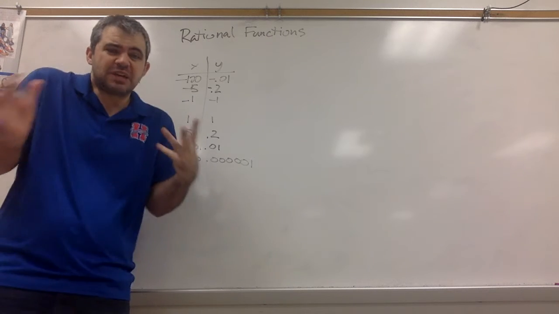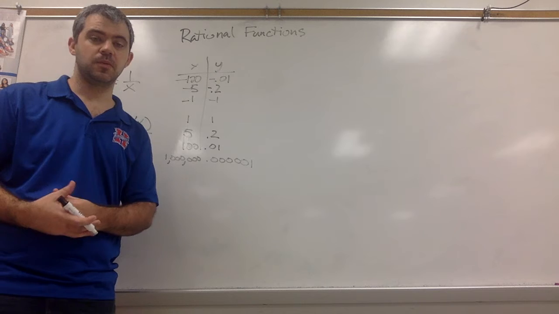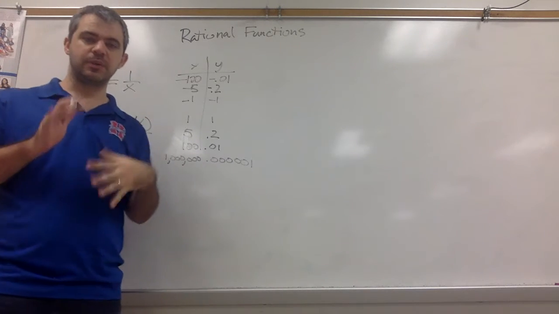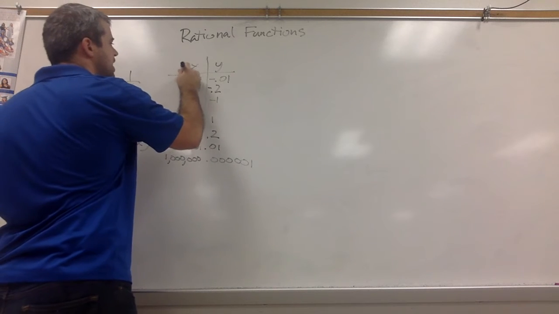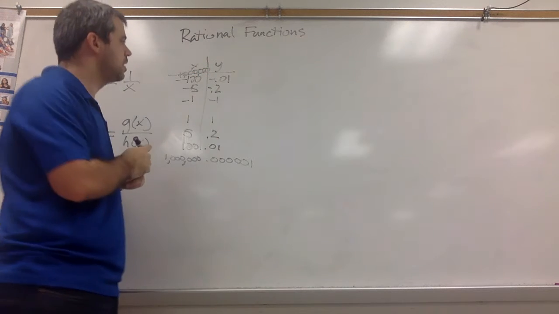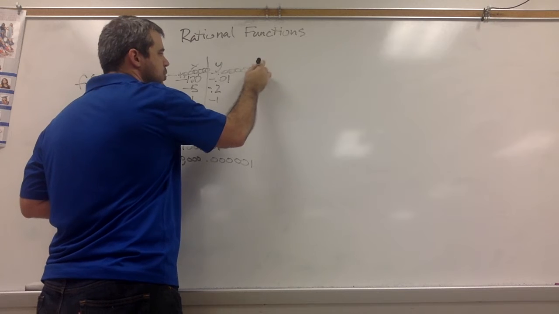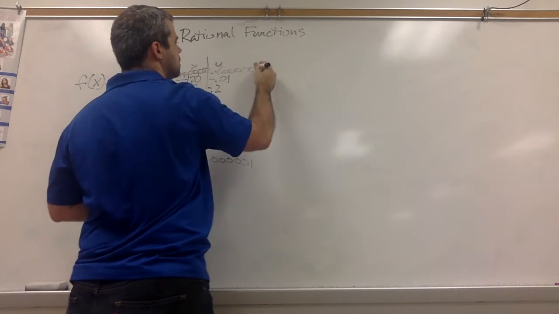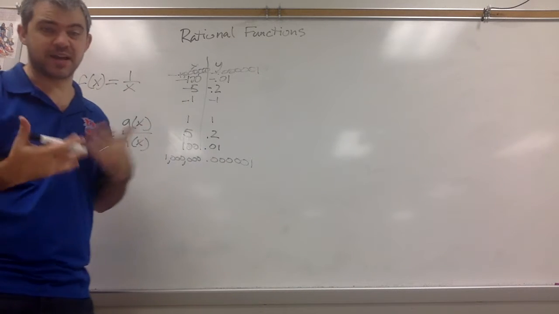So we get really close to 0. As we go up and up and up, we're getting really close to 0. And same thing if I did -1,000,000: we get -1/1,000,000th. So we approach 0 from the other side.